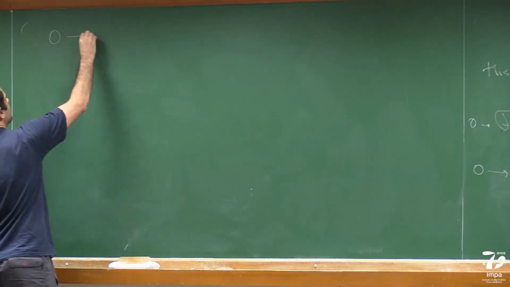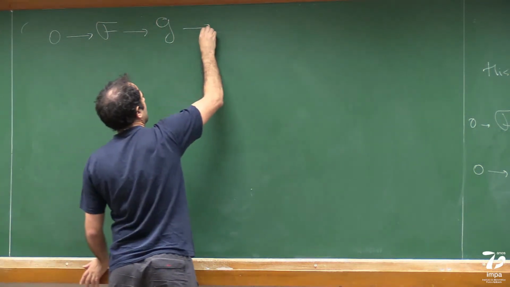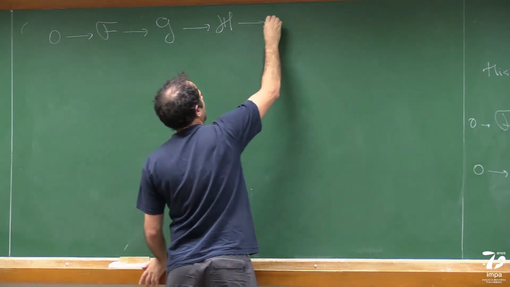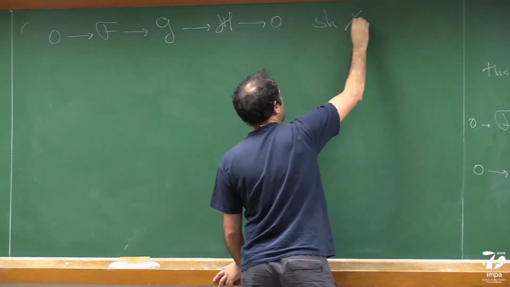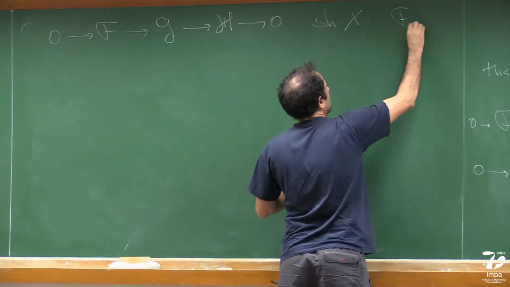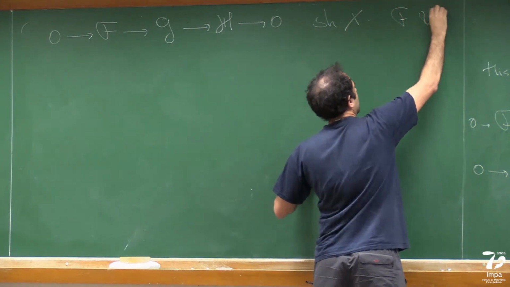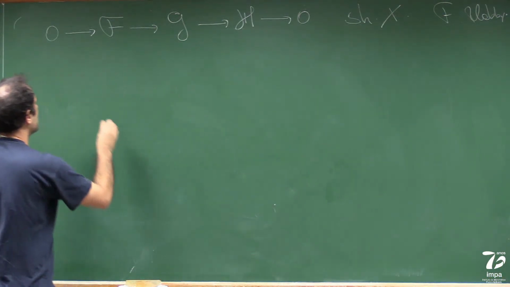Let's suppose that you have a short exact sequence of sheaves in X. And let's suppose that F is flavi. So let's look at the long exact sequence in homology.